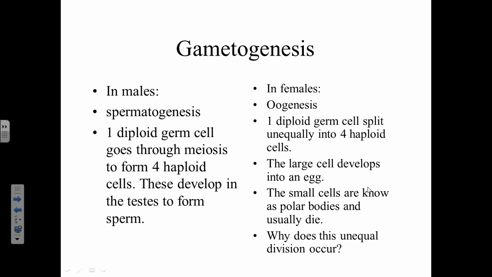Meiosis is the main part of that, right? Meiosis does most of the gamete creation. But it works a little bit differently in men than it does in women. In men, it's called spermatogenesis, which means creation of guess what? Sperm. In women, it's called oogenesis.